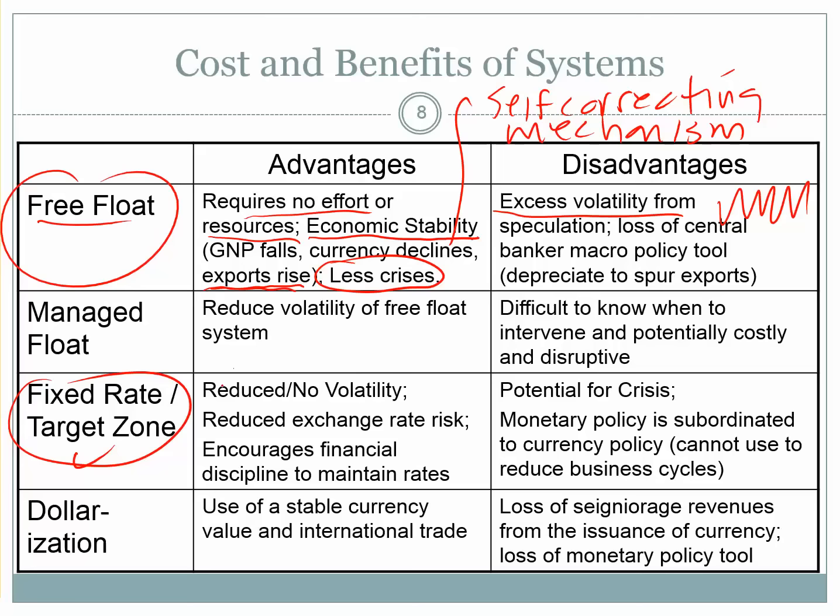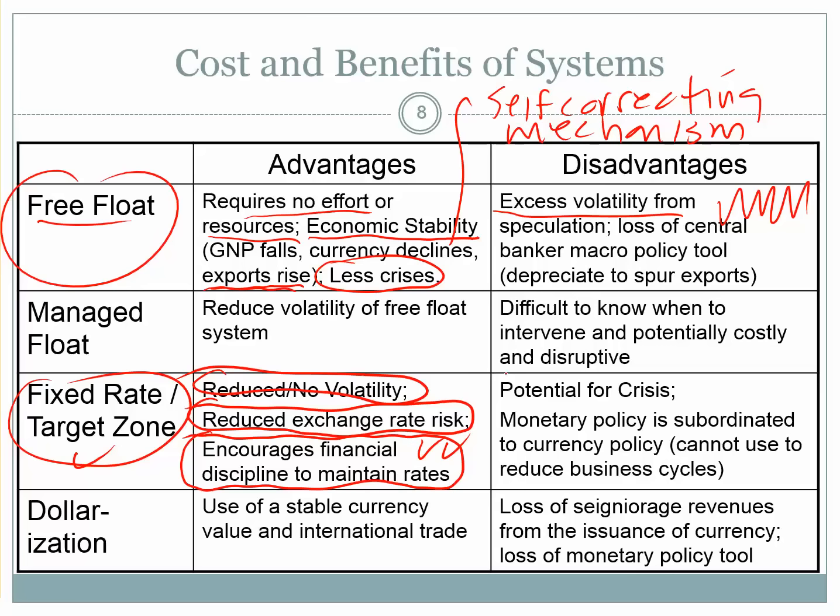So the advantage is while it's fixed, there is no volatility, which means there's no exchange rate risk while it maintains a fixed rate. And possibly if you're cooperating within a group to maintain an exchange rate, maybe you're trying to keep interest rates low and inflation low and growth high and budget deficits low. So these are possibly good reasons to have a fixed rate zone.